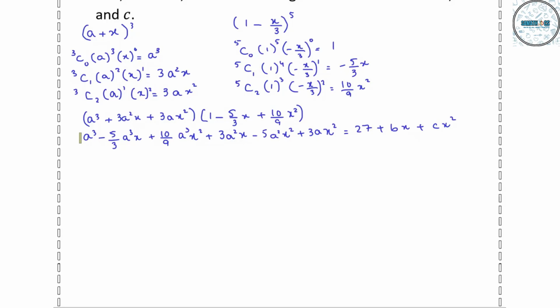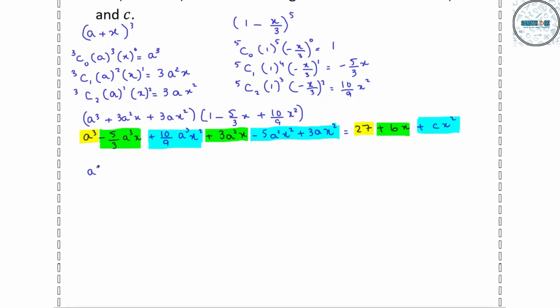Now we will equate a cube to 27, constant term to constant term. Then -5/3 a cube x plus 3a square x equals bx, and 10/9 a cube x square minus 5a square x square plus 3ax square equals cx square.